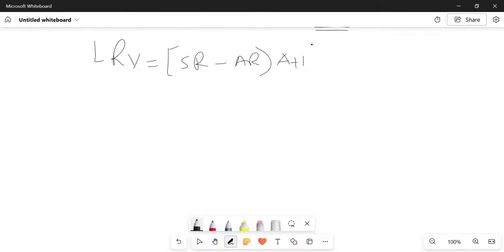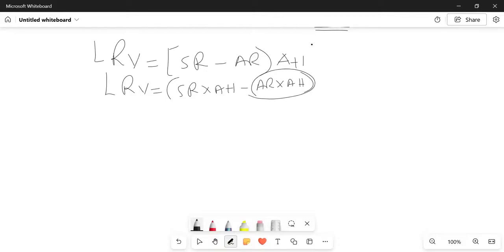It will help, yes. Do you know why? If I open the brackets, it's because in this entire question I don't see actual rate anywhere, and I don't see actual hours. So I open up this bracket: SR times AH minus AR times AH. And AR times AH should be known as actual labor cost.